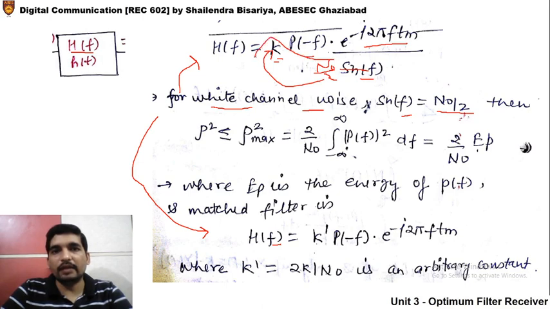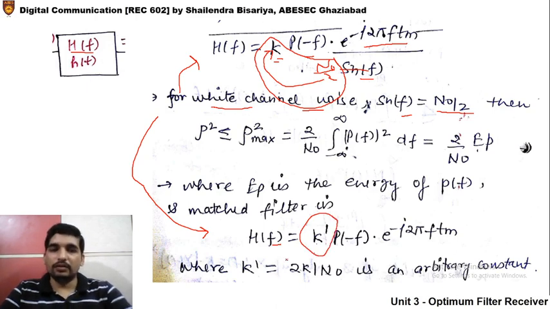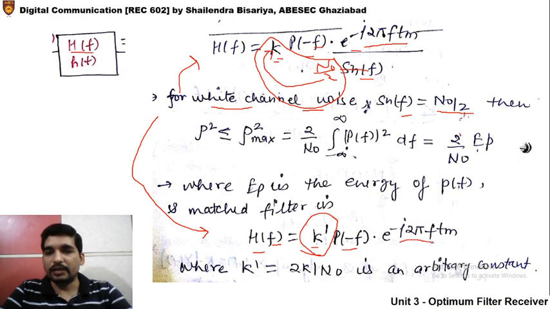We assume this as a new constant, that is K dash. So H(f) is equal to K dash P(-f) e to the power minus j 2 pi f tm. For a white Gaussian noise channel, the filter response is this, where K dash is 2K by N0, simply an arbitrary constant.